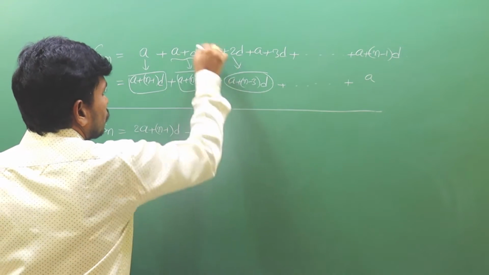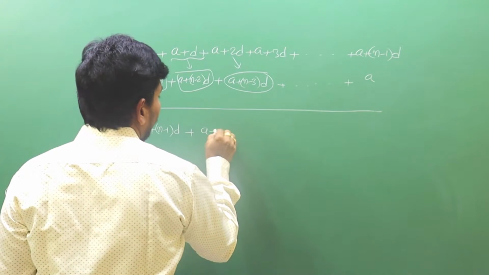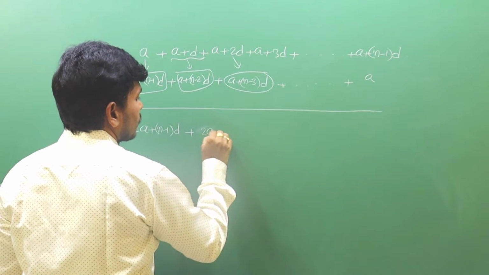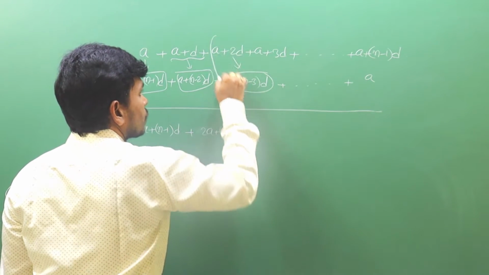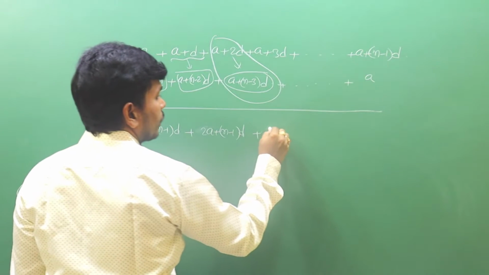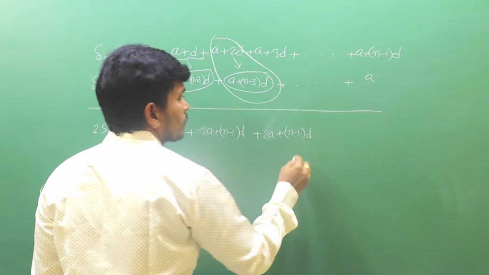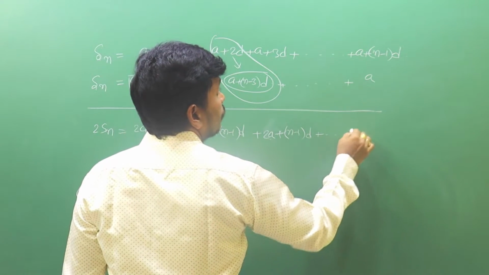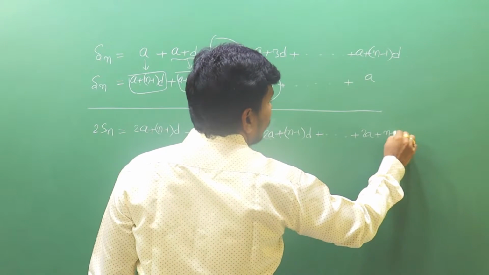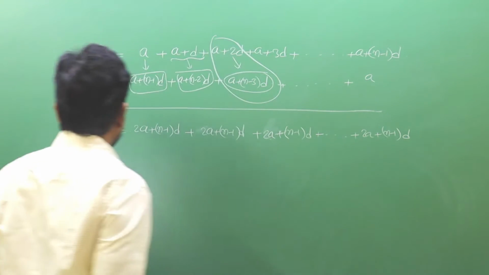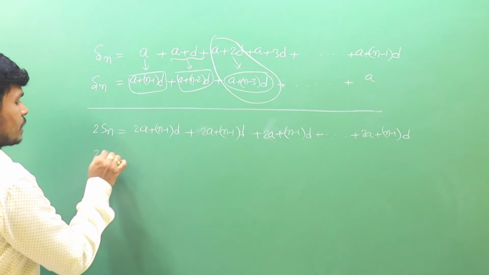From these two also you will get a constant, 2a plus n minus 1 into d. And from these two also you get 2a plus n minus 1 into d, and so on. Here, the last term also gives 2a plus n minus 1 into d.